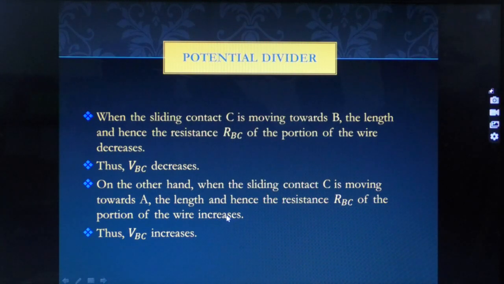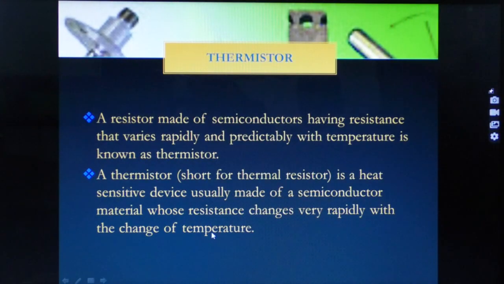So it means the length of the wire may be increased or decreased by controlling the sliding contact C. When C is moving towards A or towards B, in doing so the length of the wire changes, which in turn changes the resistance, and finally there is a change in VBC. All right.